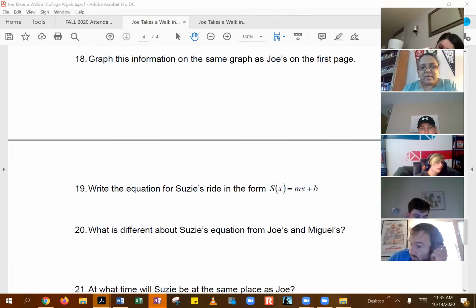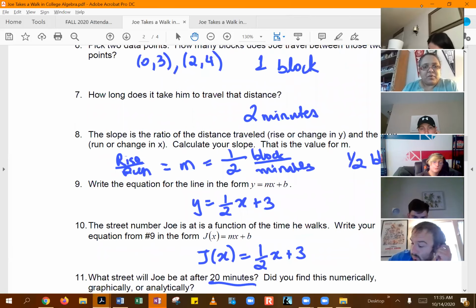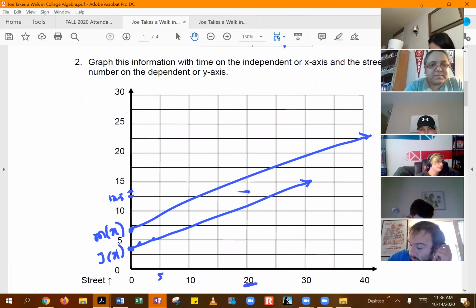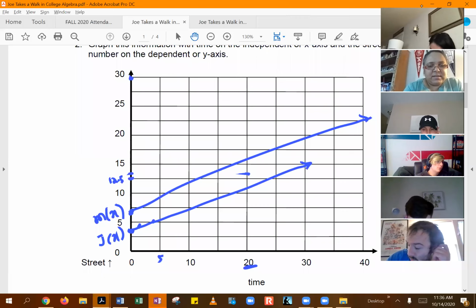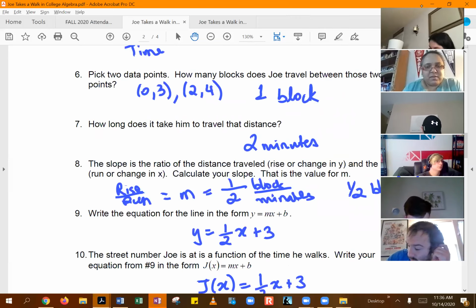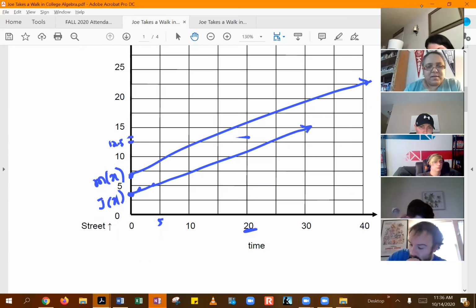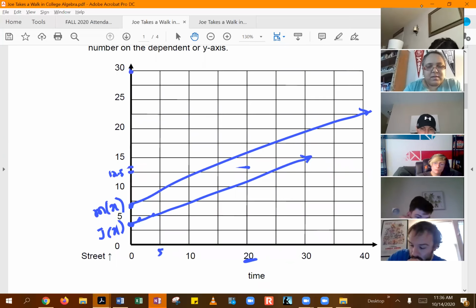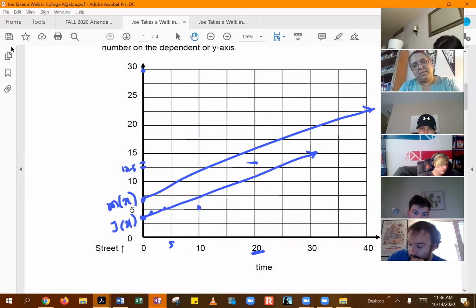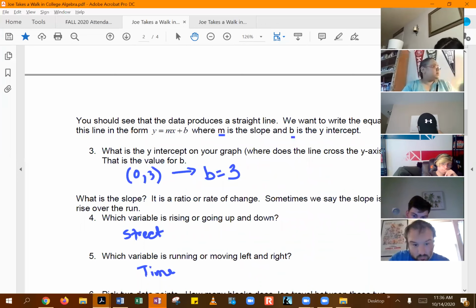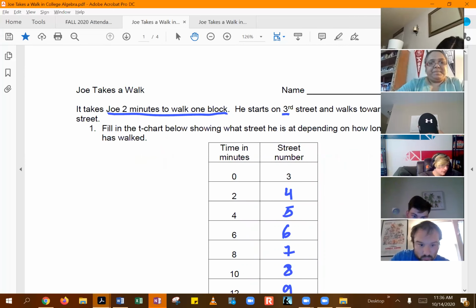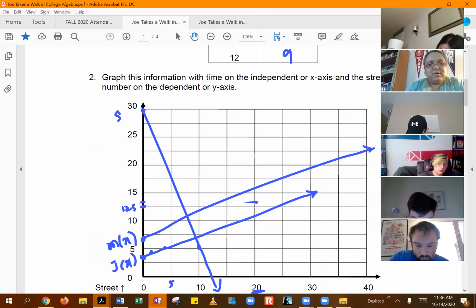So while you guys are working on that, I'm going to try coming up with some form of this graph here. This will be Susie's graph.